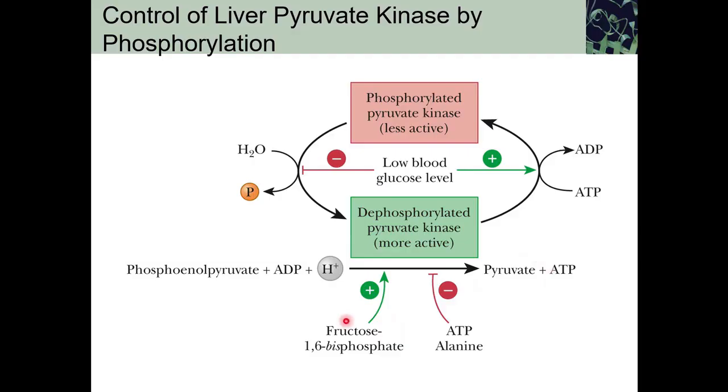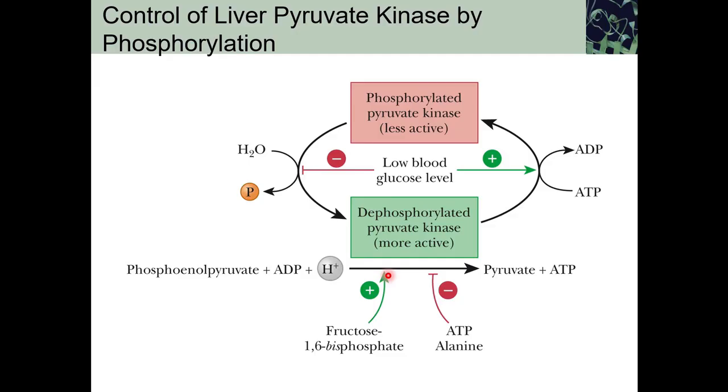Now, fructose 1,6-bisphosphate activates pyruvate kinase. Does that make sense? Remember, fructose 1,6-bisphosphate is the product of phosphofructokinase 1, right?